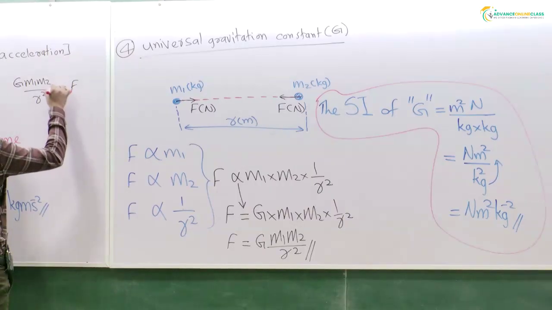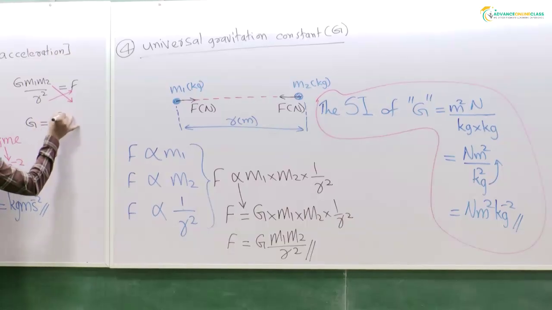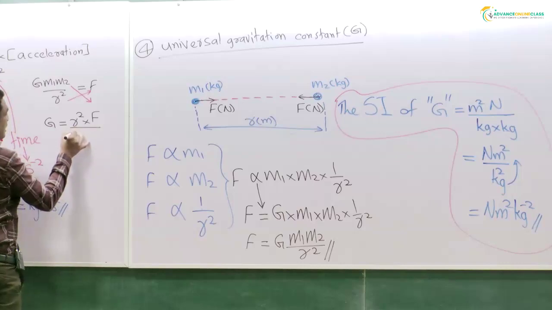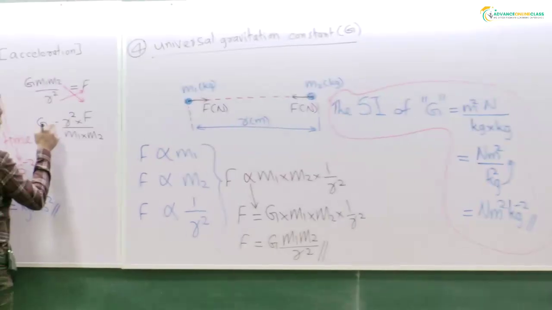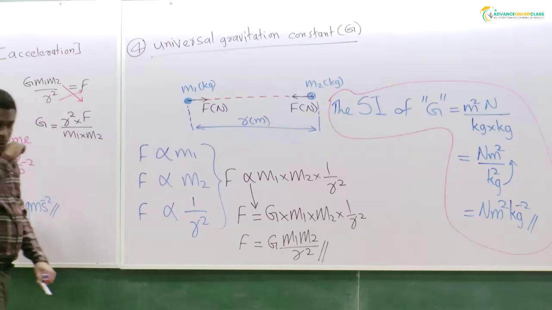So you can subject capital G as R square into F divided by M1 into M2. Subject like this.